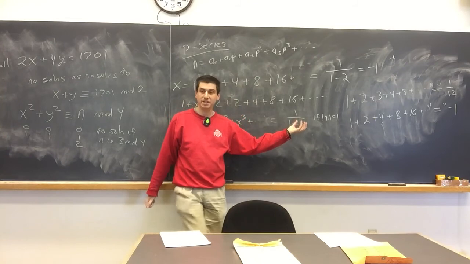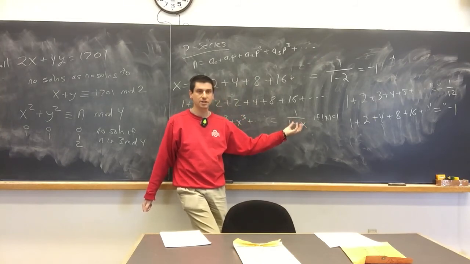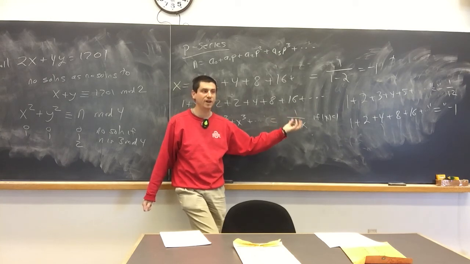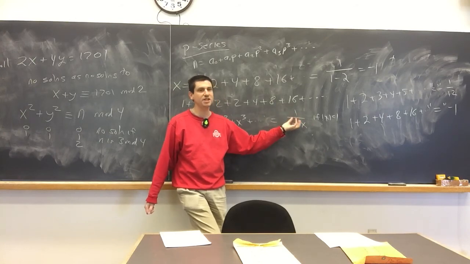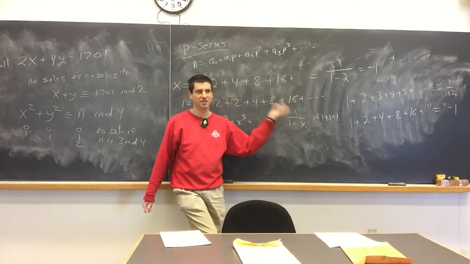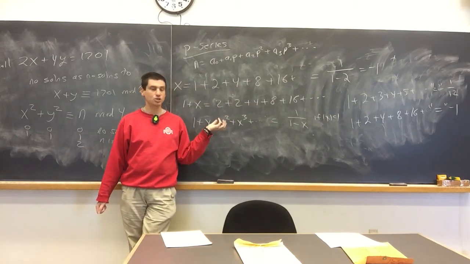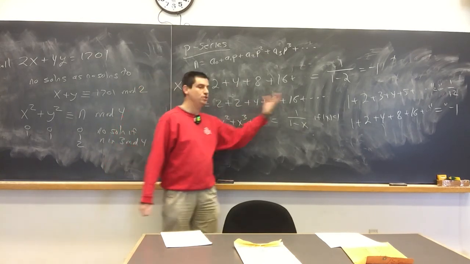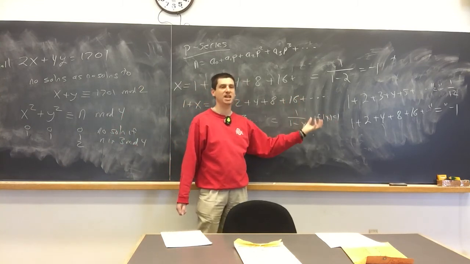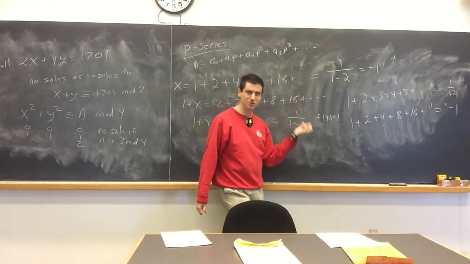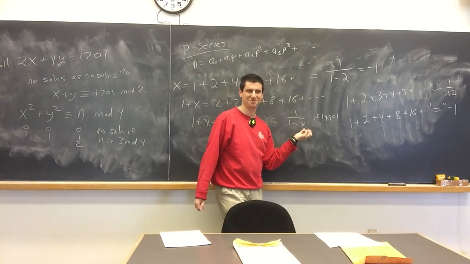However, if I look at the right-hand side, does this make sense if x equals 2? Yes, the right-hand side is well-defined so long as x is not 1. For any other value of x, it is well-defined. The left-hand side, not even close. So what we can say is we will analytically continue, we will extend, and by this infinite sum, we really mean the function 1 over 1 minus x.